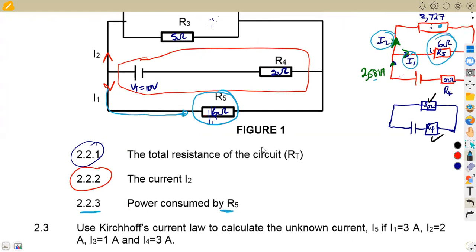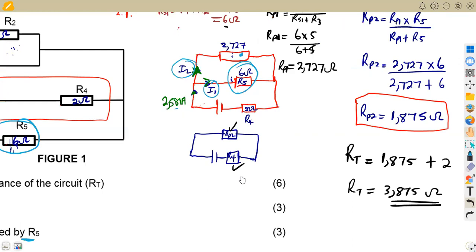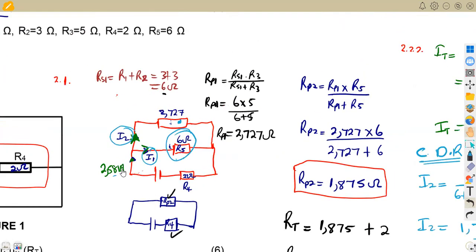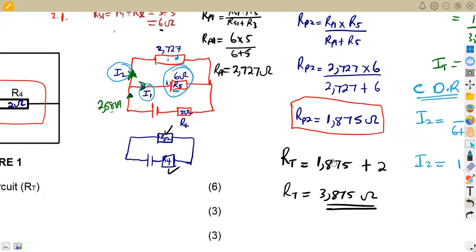And from the concept that I was explaining, if we managed to calculate current I2, we can calculate current I1, because we are concentrating on this R5. So we can calculate current I1 so that we can calculate its power properly.